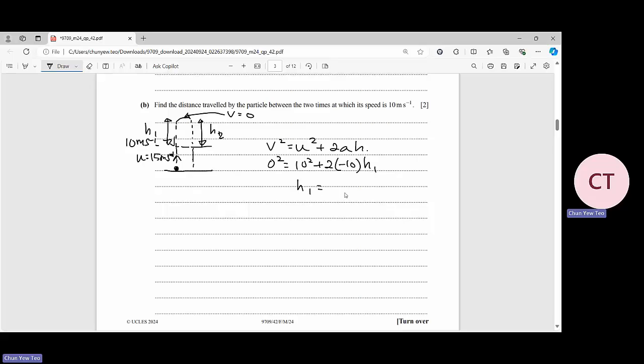So your h1 will be 100 divided by 20, which is 5. Therefore, your distance is equal to 2h1, which is 10 meters. Just like that, done. That will be the answer for question number 2B.